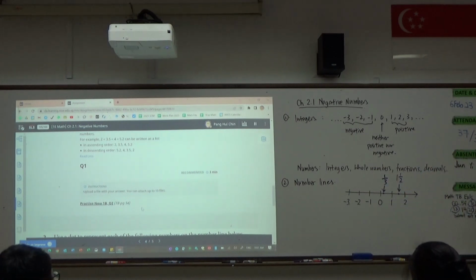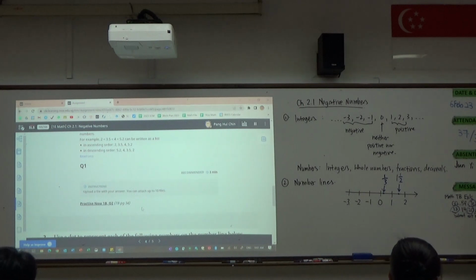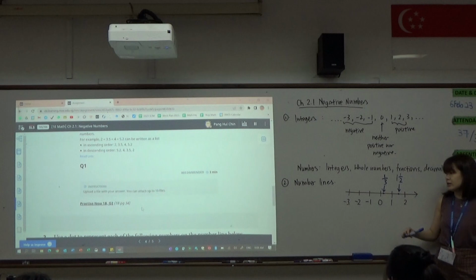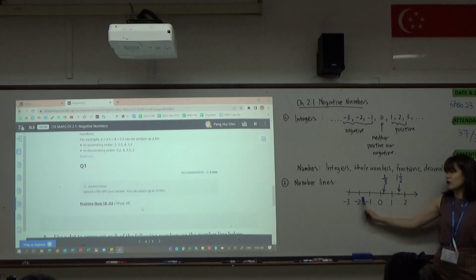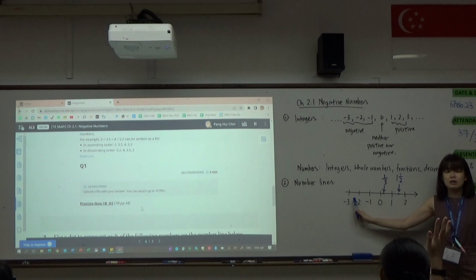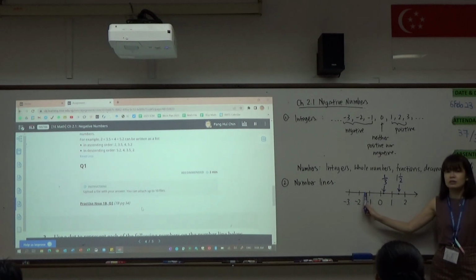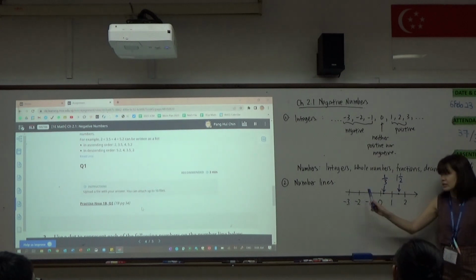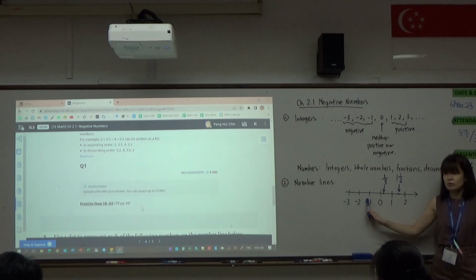Now what about negative 2.2? Where will negative 2.2 be? Is it over here or is it over here? Who says it will be over here? Negative 2.2. Somewhere around here. Who says that it is around here? You say that it's around here, negative 2.2.